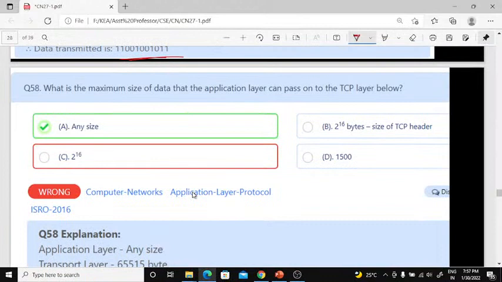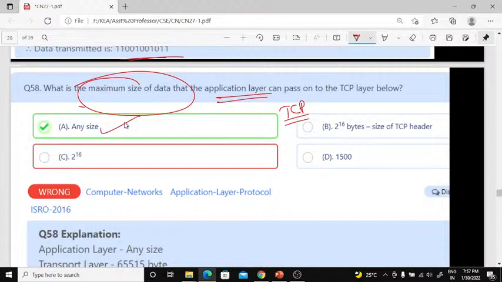What is the maximum size of the data that the application layer can pass on to the TCP layer below? The application layer can pass any size.